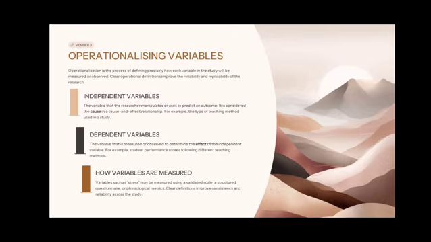Now I will explain operational variables. There are two types of variable: independent variable and dependent variable. Independent variable means the cause, what we change, and dependent variable means the result, what we measure.